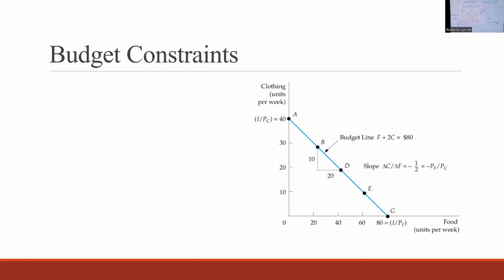In that way, we run out of our budget. Our budget won't be sufficient. So what we can do is forgo 10 units of clothing from B to D for an additional 20 units of food. That's why there is a negative sign. That's the second thing.